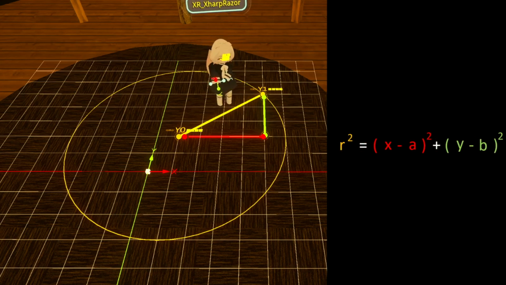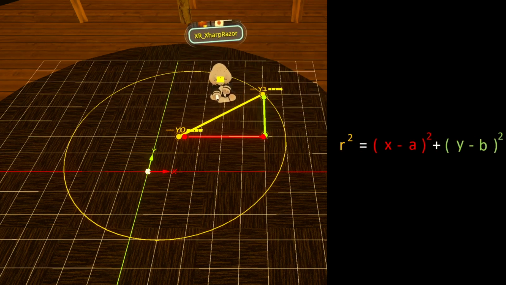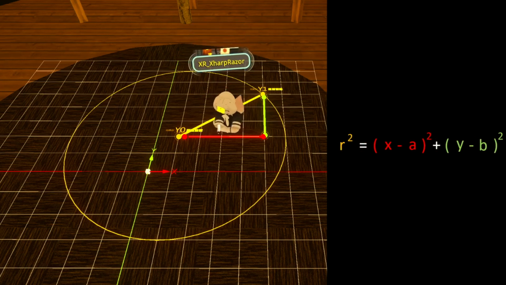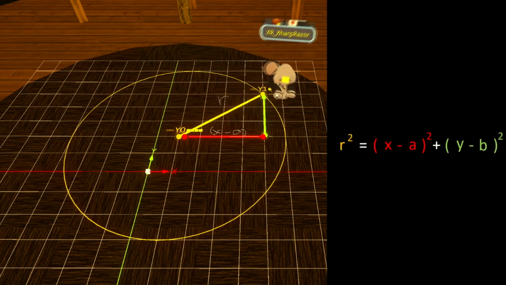Just to make things a little clearer, let me write it out. We have our yellow side over here, which is the radius. Then we have our red side, which should be x minus a, and our green side, which should be y minus b.